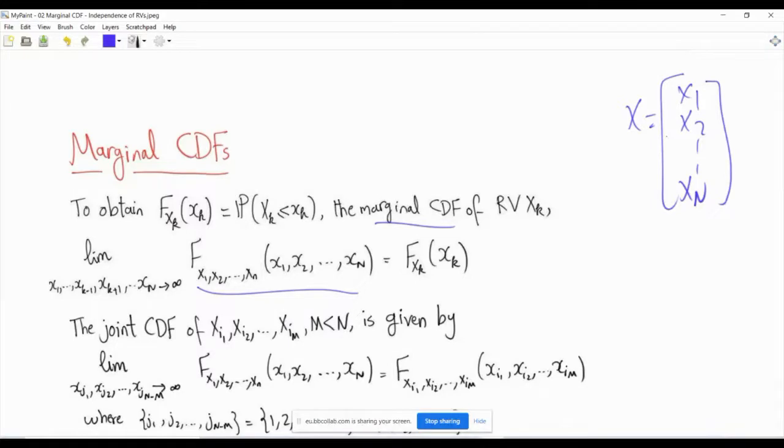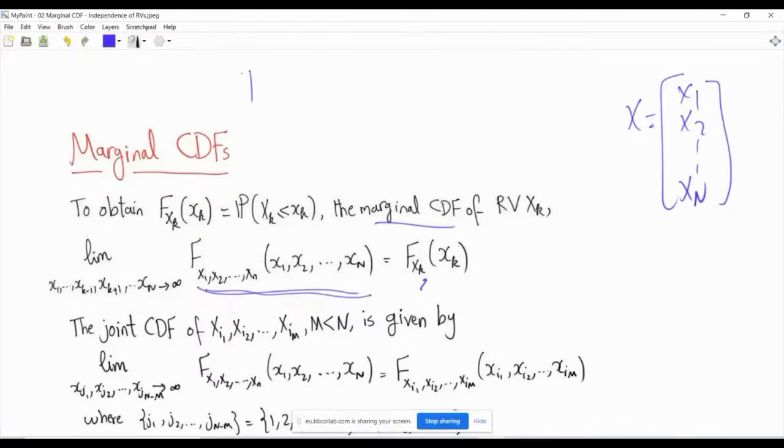The idea is, if you know the joint CDF and you are interested in the CDF of xk, and this is true for every k from 1 to big N, then you can take the limit of the small x's, except xk, and put them equal to infinity. Why is this the case?